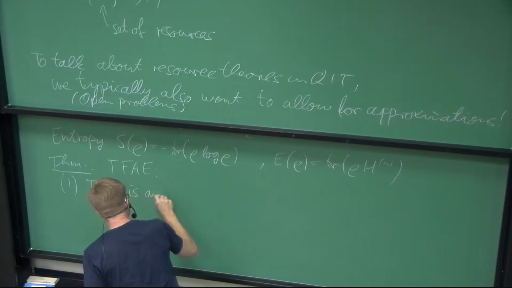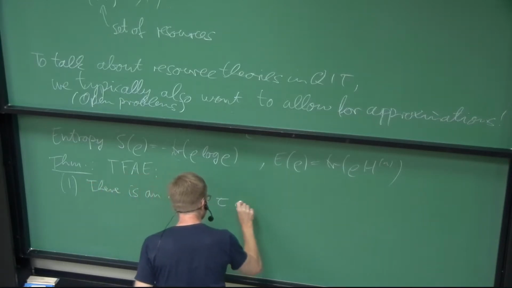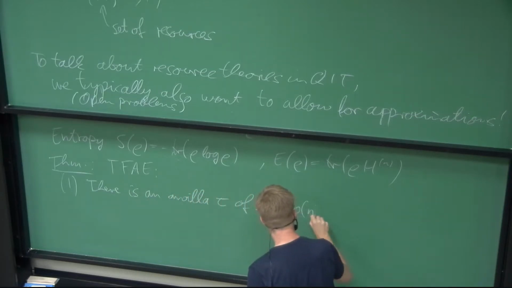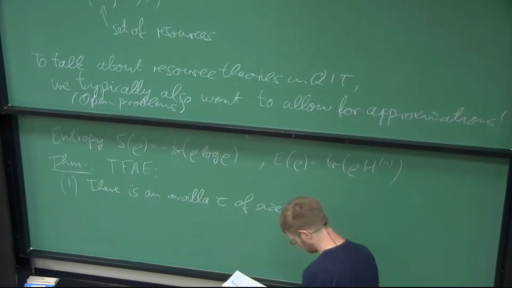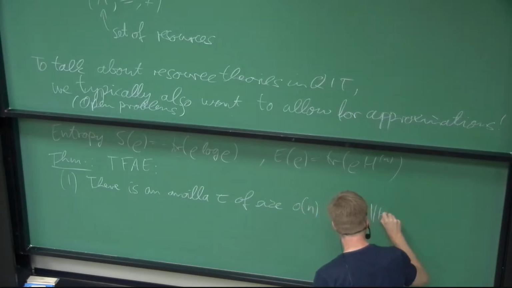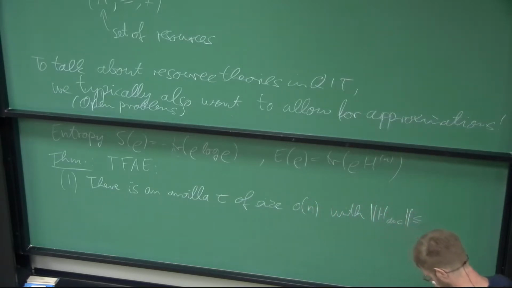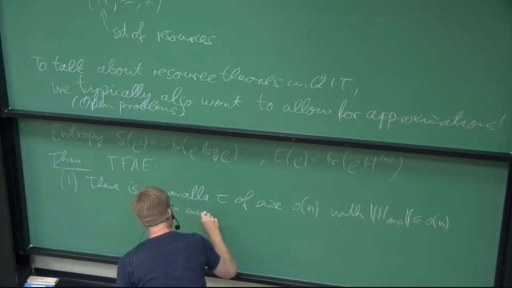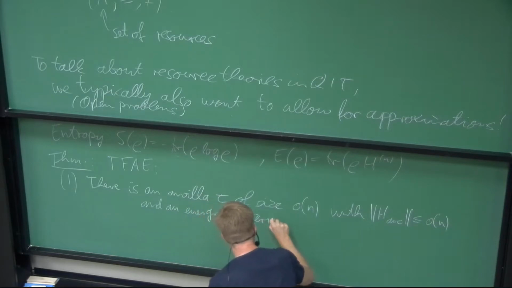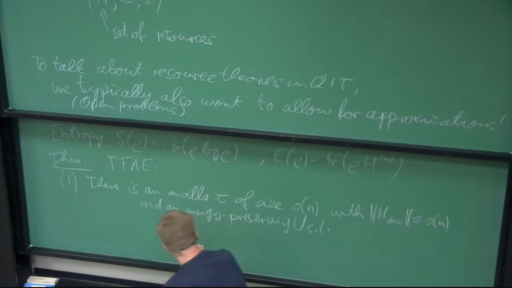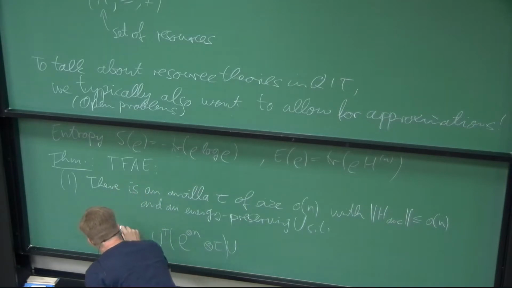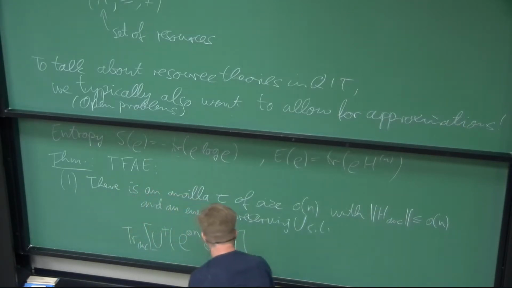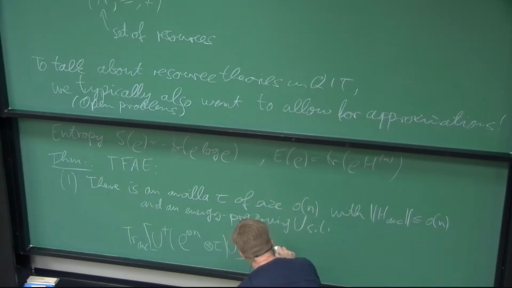But more technically, this says that there is an ancilla system, tau, of size which is sublinear in the number of copies n that I'm going to use, with a sublinear Hamiltonian, and an energy preserving unitary, such that if I start with n copies of rho together with my ancilla system, and then I apply that unitary, and I throw away the ancilla system, then this thing is essentially n copies of sigma.